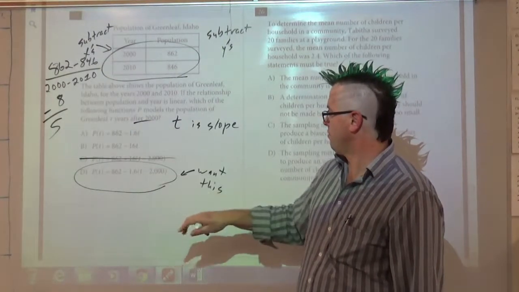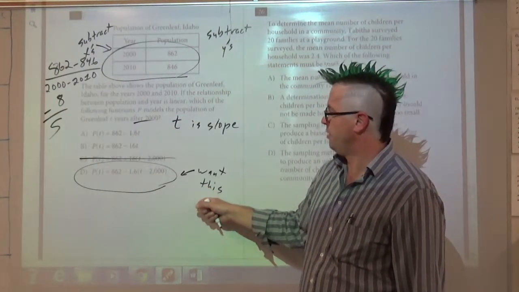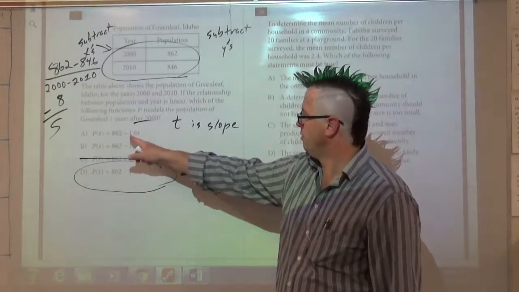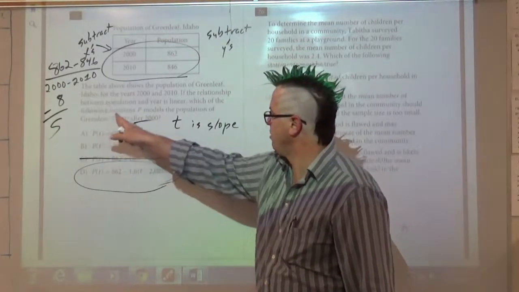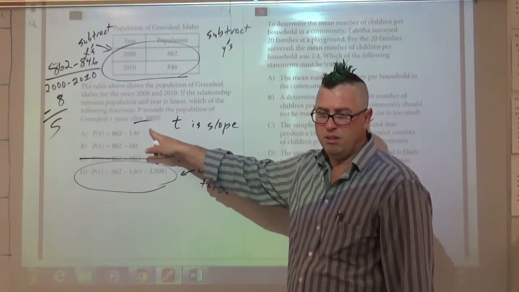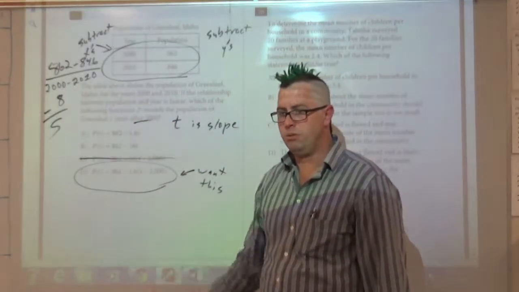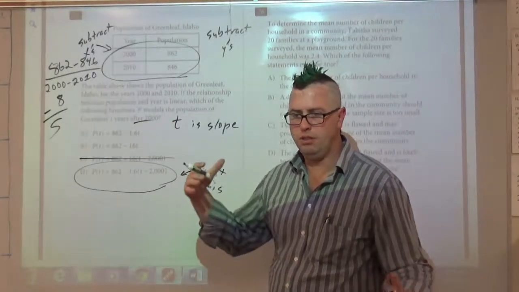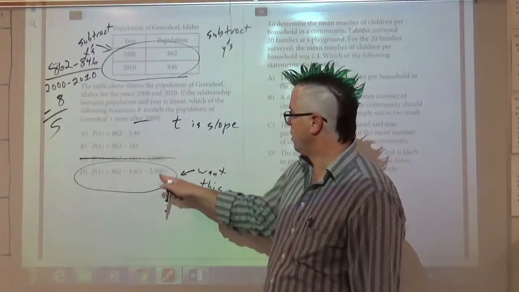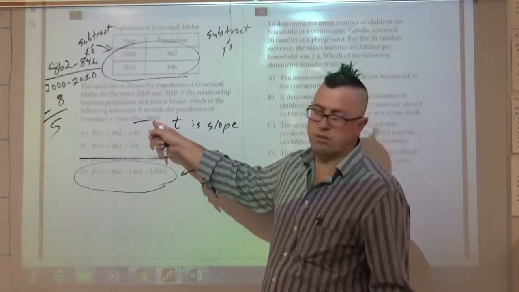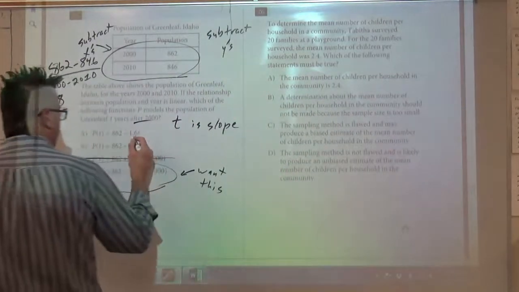So Texas, when they build tests, they usually do this. This is cleaner, and they said t years after 2000. So that means that t isn't the year, it's years after 2000. So instead of it being 2011, where you have to subtract out the 2000, it'd just be 11, because it's after that. So I think A is correct on this.